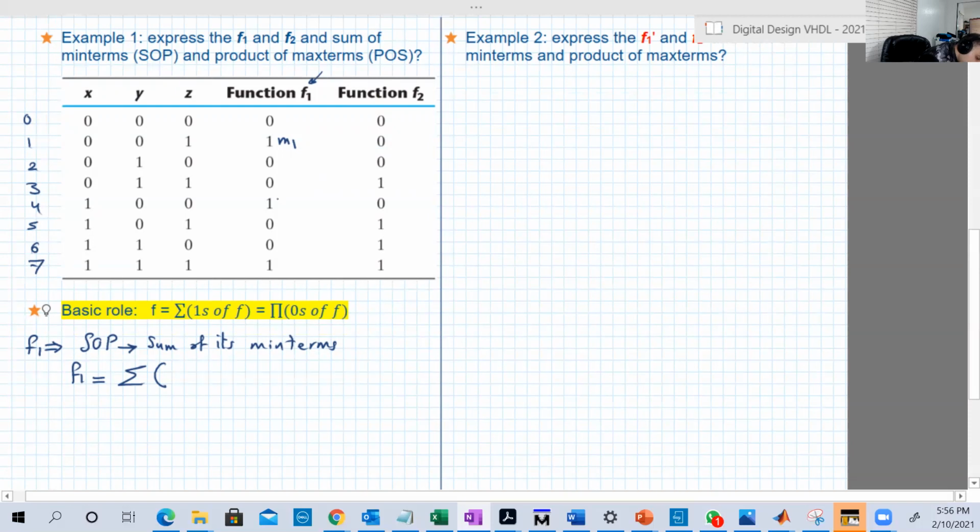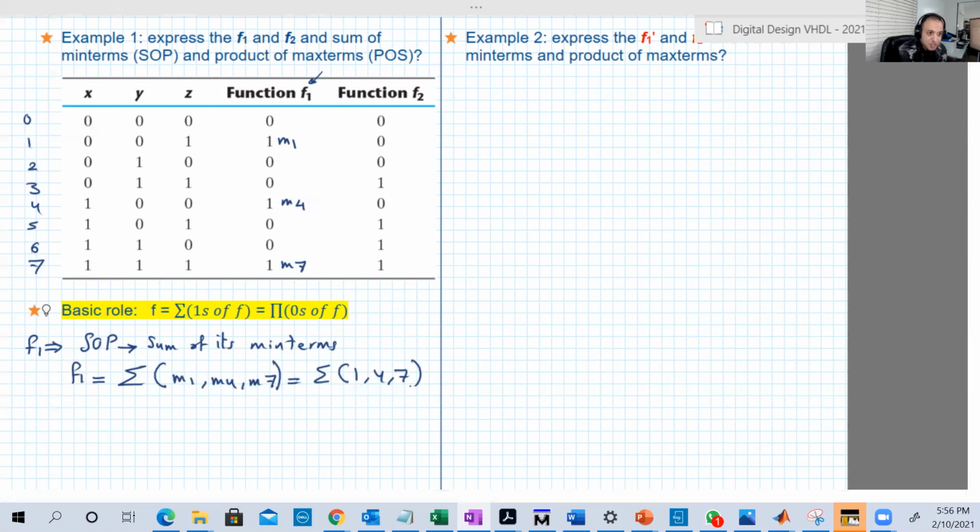This is m1. Again, we have here a 1. This is m4, and this is m7. So f1 can be represented as the summation of m1, m4, m7, and you can write them in a more reduced form as 1, 4, 7, just like this. And we know that you mean m1, m4, m7.